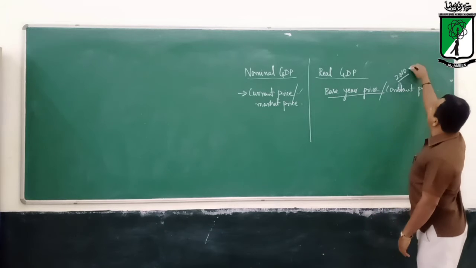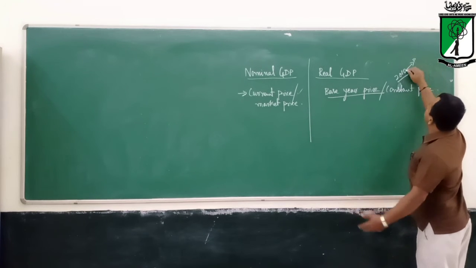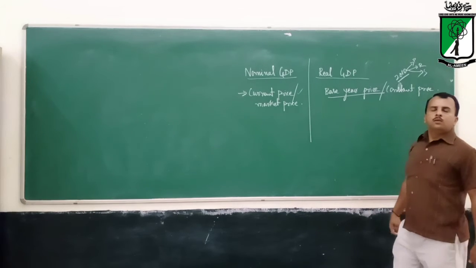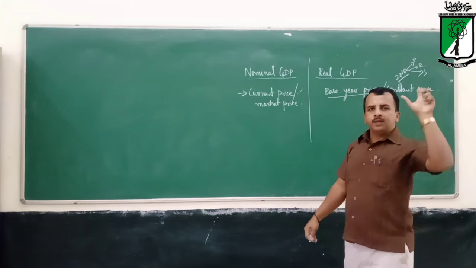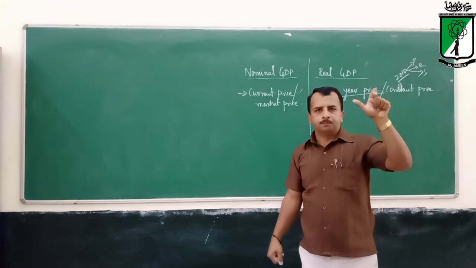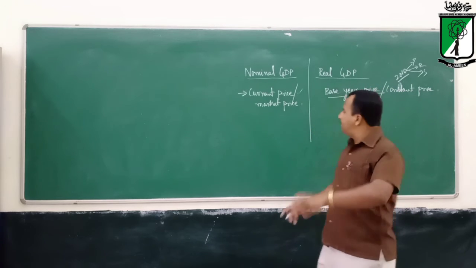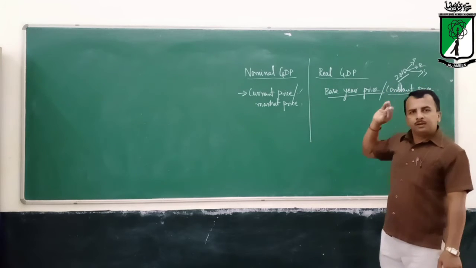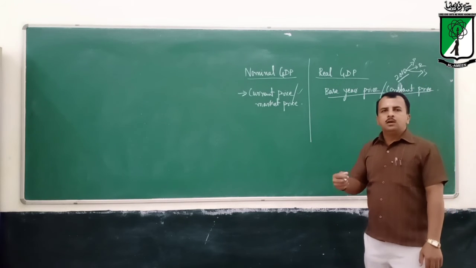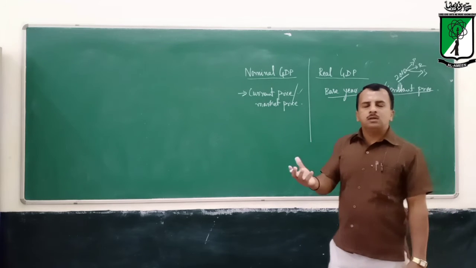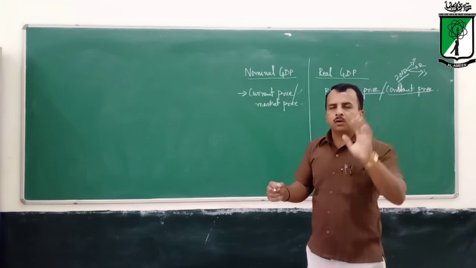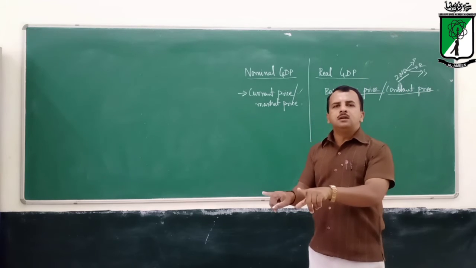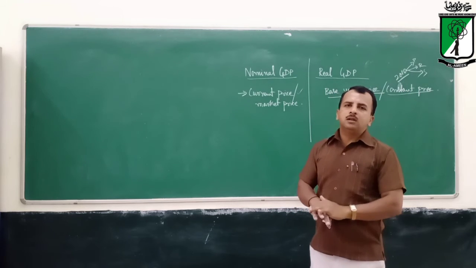In 2010, what was the petrol price? An average price, or rice price, or services. So the average prices of that particular base year are considered as constant prices. That means by considering those prices, we are going to measure this year's national income. Are you clear? We consider the 2010 prices to measure this year's national income.